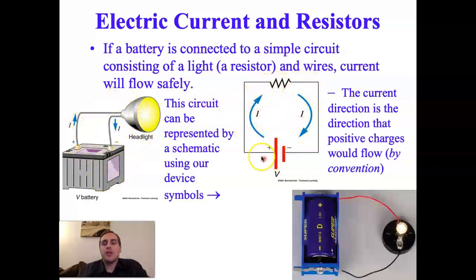Clockwise, that's the direction of the conventional current, that positive charges would flow by convention, from positive towards negative. By the way, sometimes batteries are shown in red. That's not always necessarily true. And then current can be shown here in blue, but that's not always true.